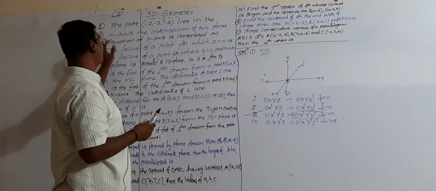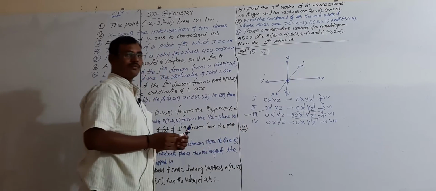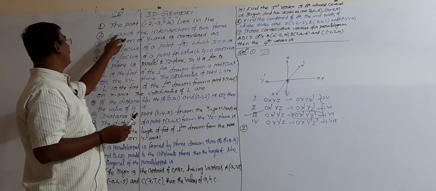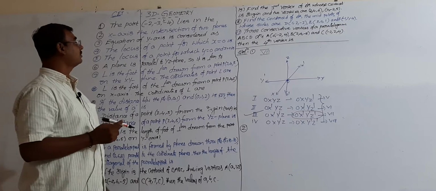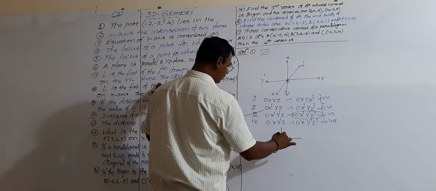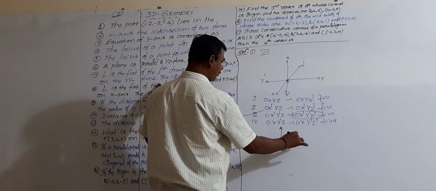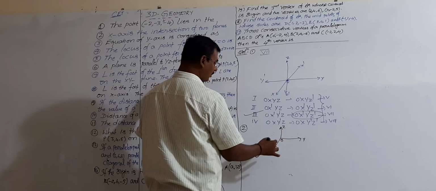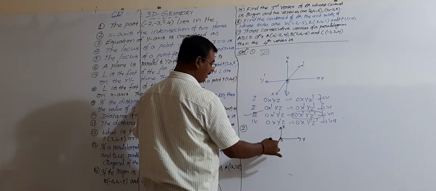Next I am going to question number 2. The second question is: the x-axis is the intersection of which two planes? So we know O, X, Y, Z. This x-axis is the intersection of which planes?